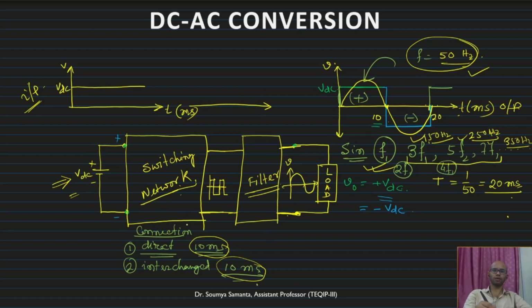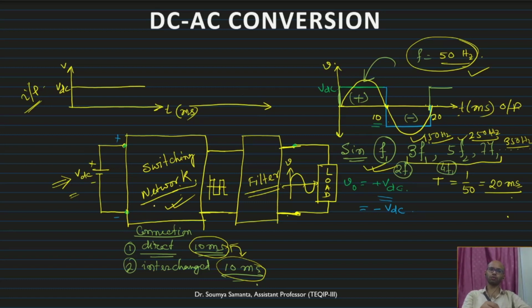So now our main focus will be what is inside the switching network, how we are achieving this. You can see that after every 10 milliseconds we have to switch. First we connect directly, then we interchange the connection, and we have to do it very fast. This will be very difficult for mechanical switches because mechanical switches are laggy.